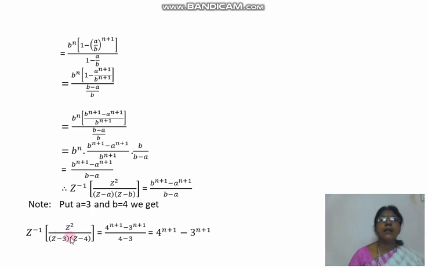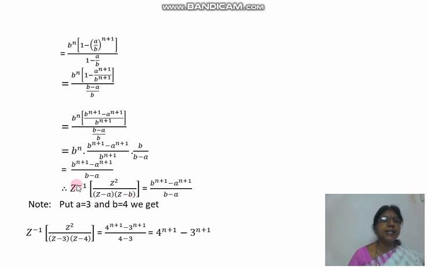Okay, suppose the question is find the z inverse of z square by z minus 3 into z minus 4. That is, z by z minus 3, z by z minus 4, that means if you put 3 in the place of a and 4 in the place of b in the previous problem. This is the previous problem. Suppose you put a is equal to 3, b is equal to 4 in this problem, you get z square by z minus 3 into z minus 4.